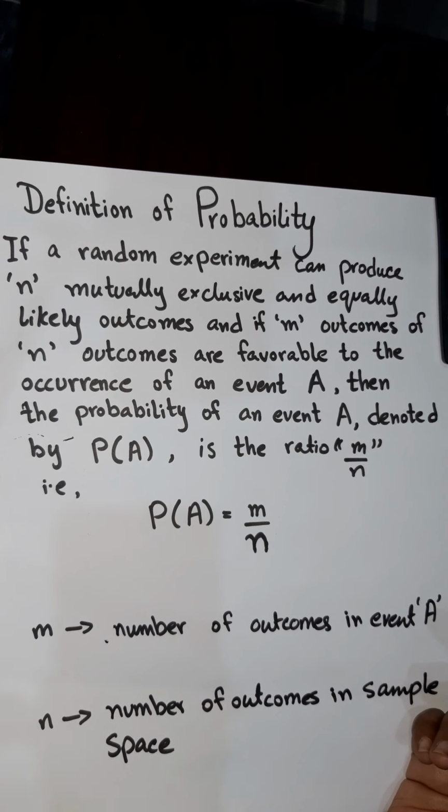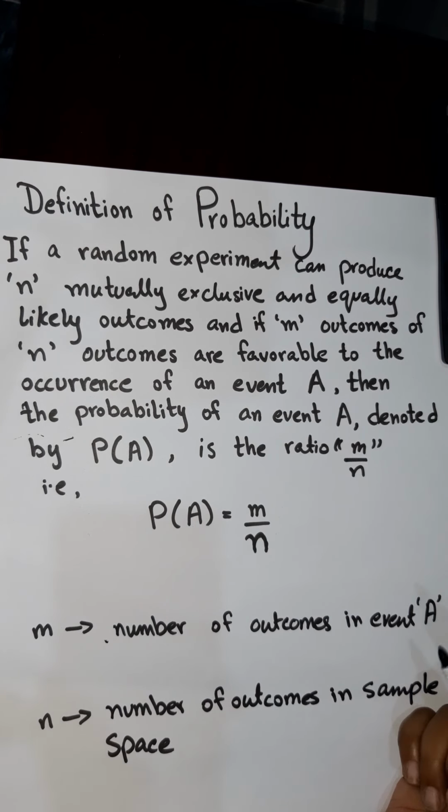Mutually exclusive events or outcomes are those in which if one occurs, the other cannot occur. Or I told you before that mutually exclusive events are those which have no common point.